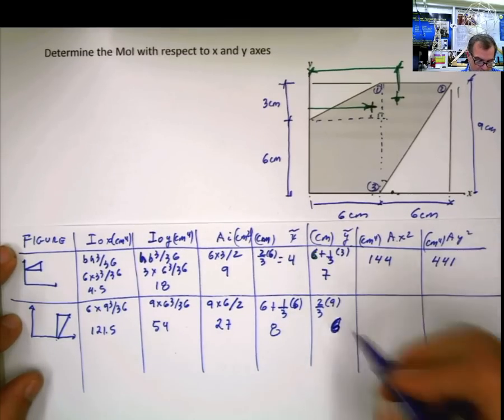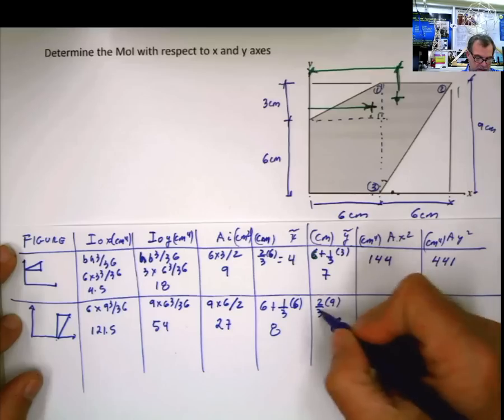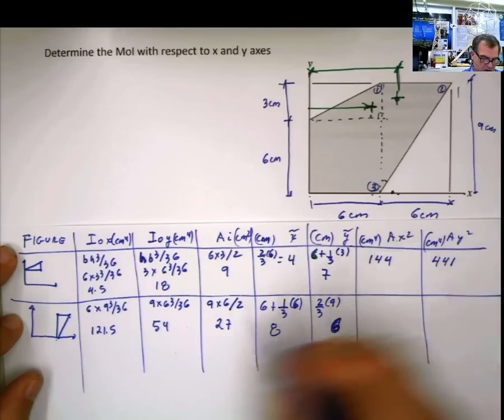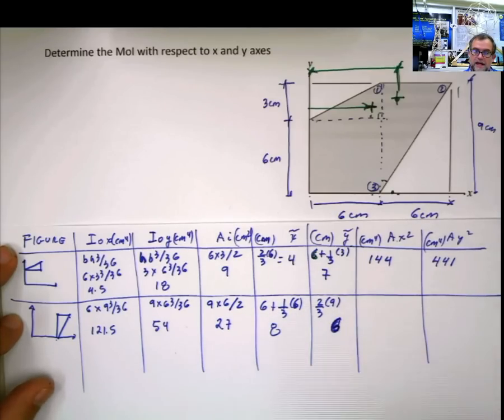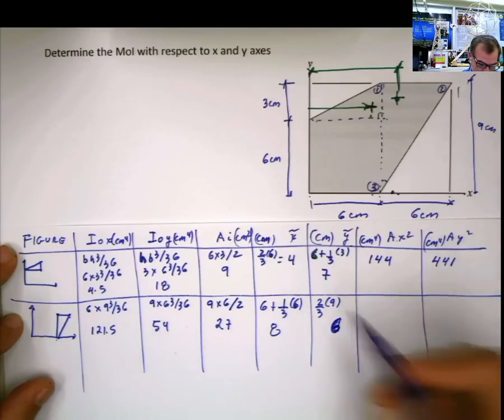Okay, so 2 times 9 is 18. 18 divided by 3 is 6. Now 8. And you know that type of things happen to you in the exams because you do it in your mind instead of using the calculator, or use the calculator.